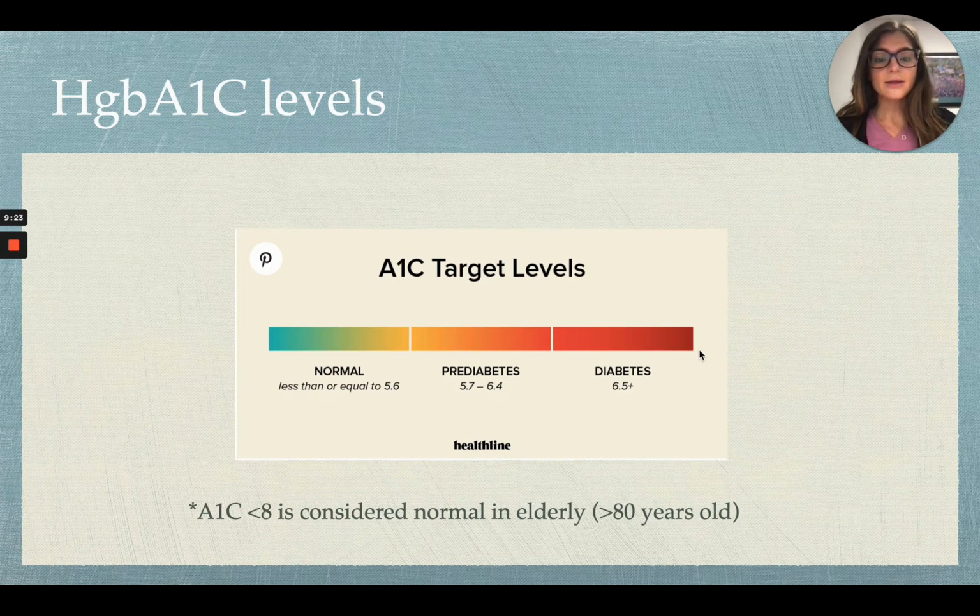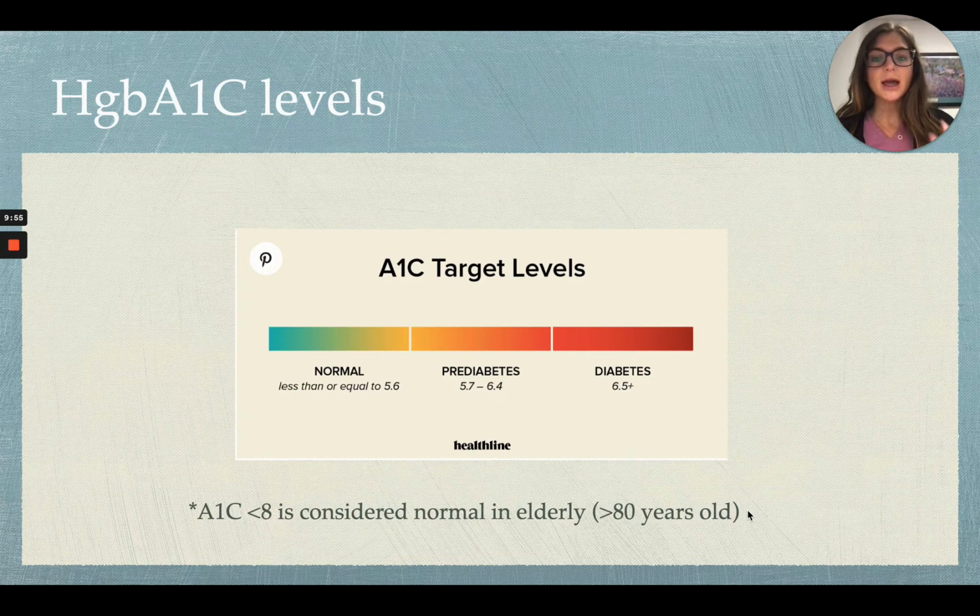Now, these are the target levels. In individuals with diabetes, the target is to have an A1C less than 7. In elderly individuals, and this may be specifically pertinent to long-term care facilities where we have a higher elderly population, for those 80 years old or above, the goal for their A1C is going to be less than 8, because we allow a little more liberalization.